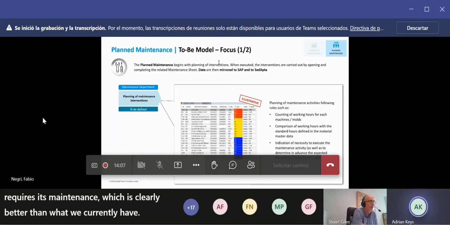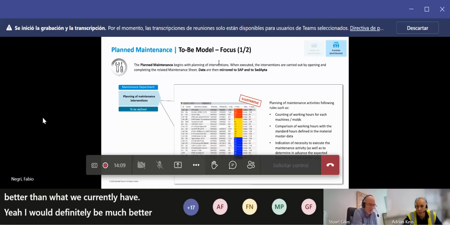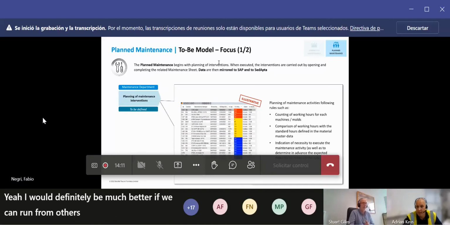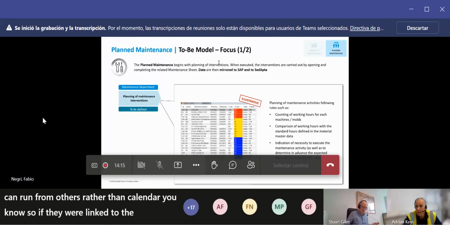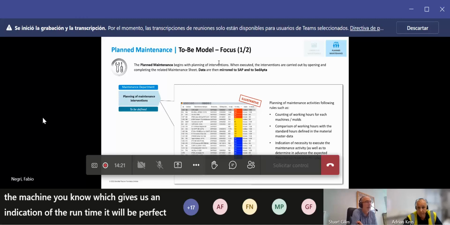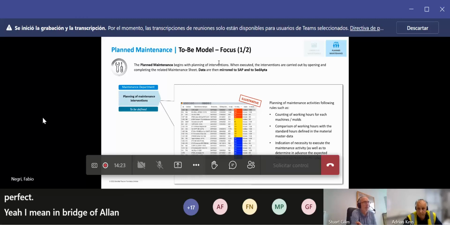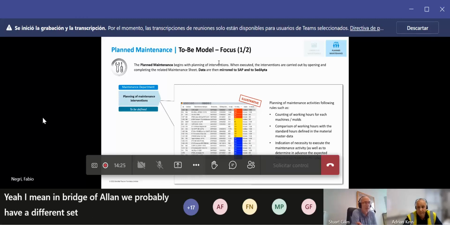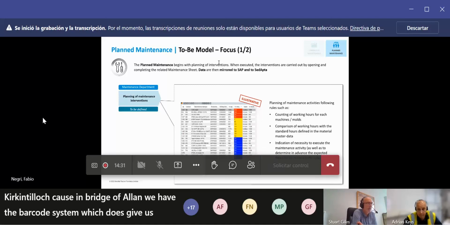Yeah, it would definitely be much better if we can run from hours rather than calendar. So if they are linked to the PLC of the machine, which gives us the indication of the runtime, it will be perfect. In Bridge of Allen, we probably have a different setup than in Kirkintilloch, because in Bridge of Allen, we have the barcode system, which does give us run data.